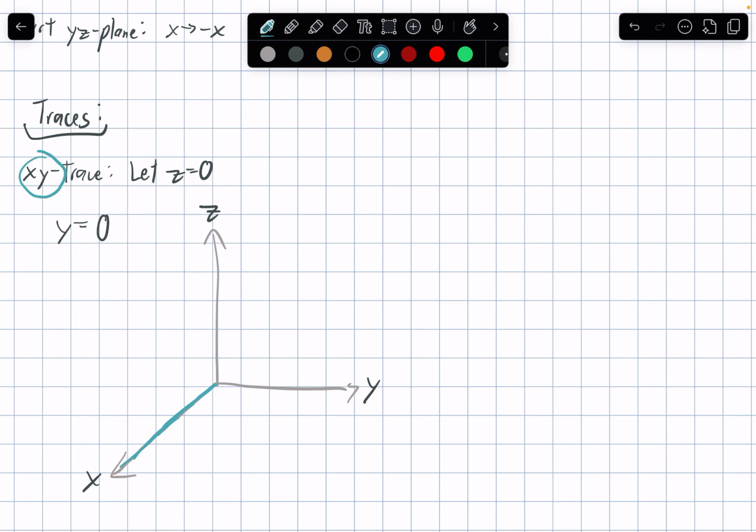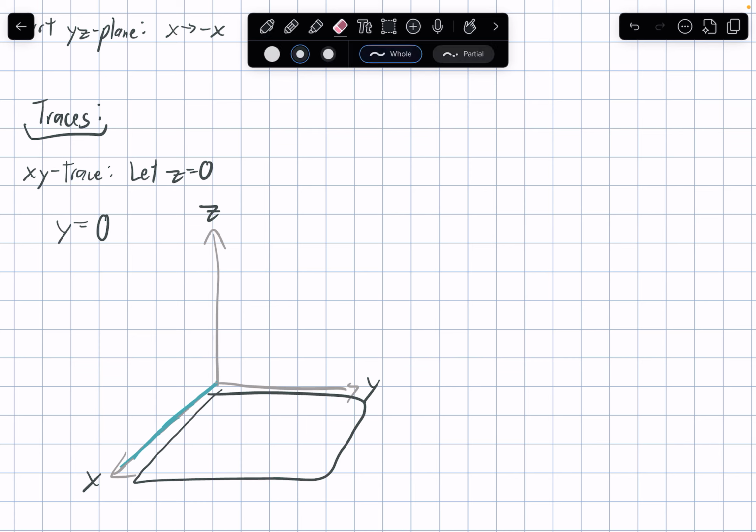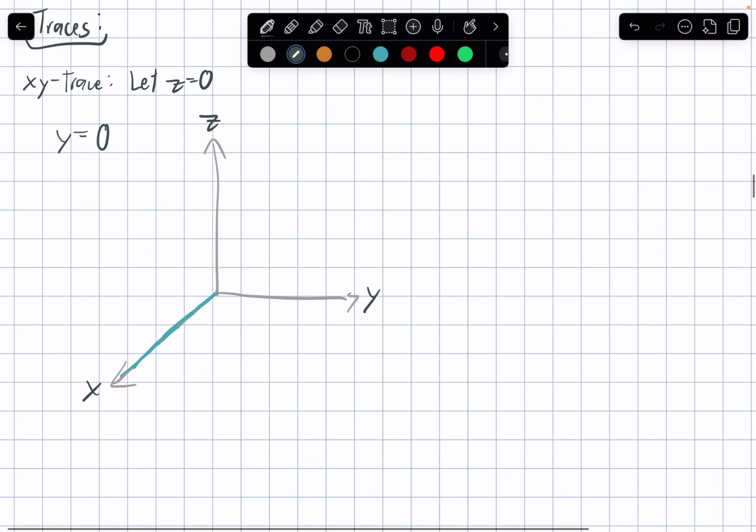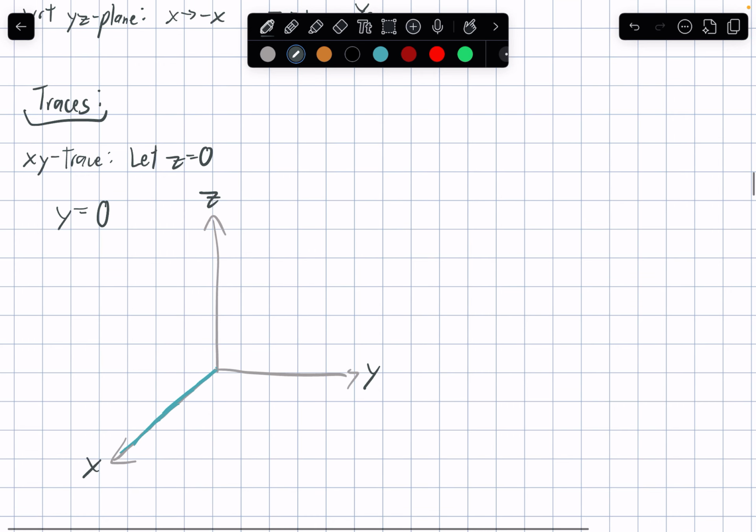This is only in the xy plane, okay? If we're talking about in general, in the actual 3D space, y is also 0 here, but we're not talking about the z-axis right now. We're only focusing on the xy plane, this plane. So yeah, this is the xy trace already.